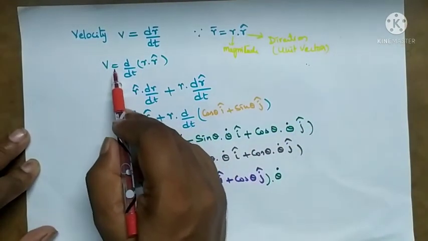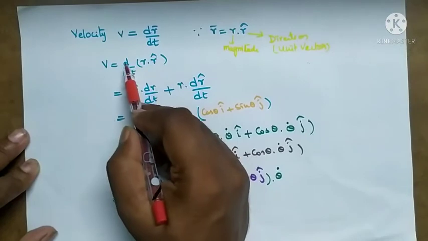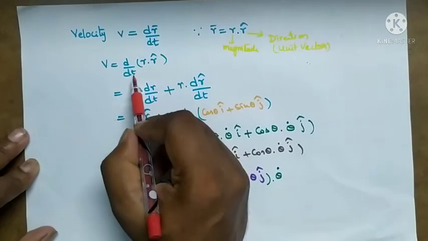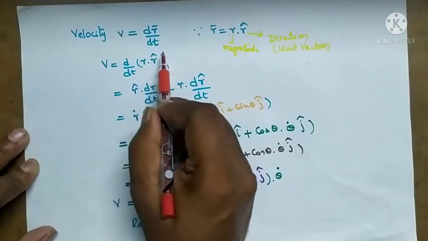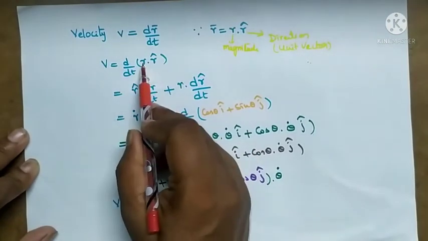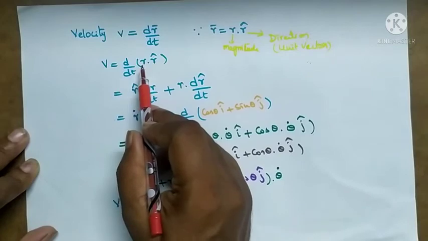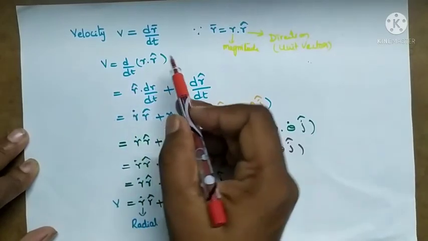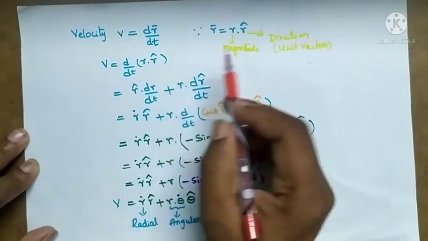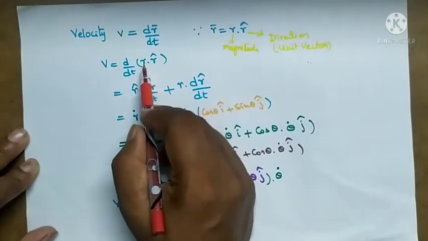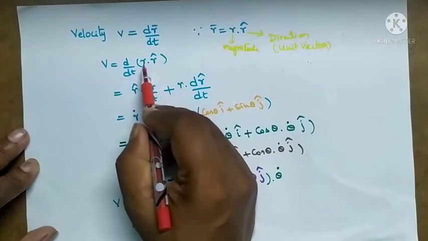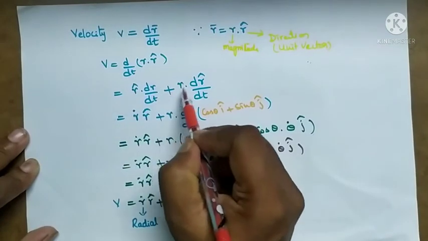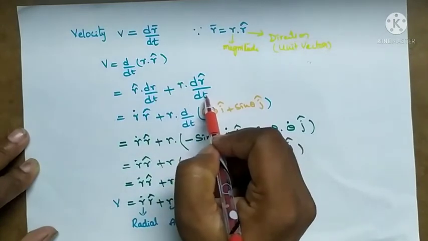And we can write the velocity of that moving particle in polar coordinates as the differentiation of this position vector with respect to time, r dot r cap. Then by the UV method, you keep one constant and differentiate the second, plus keep the second constant and differentiate the first. So here I am taking r cap as constant and differentiating the first one, that is dr by dt, plus r into dr cap by dt.